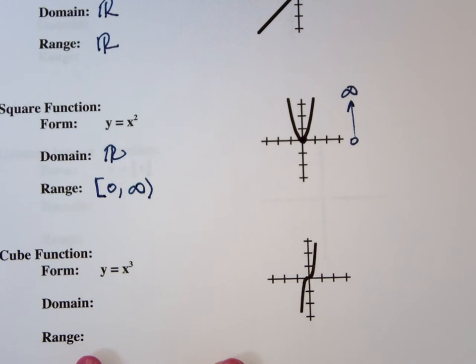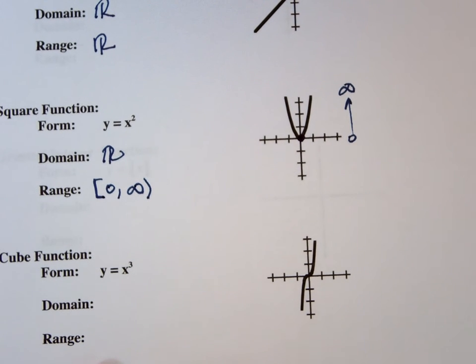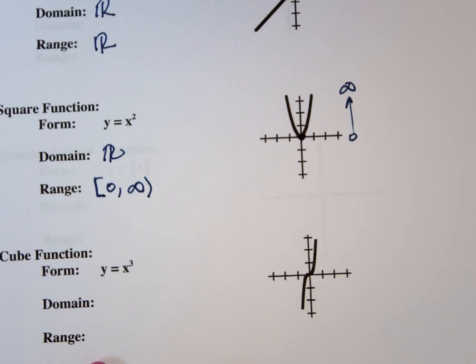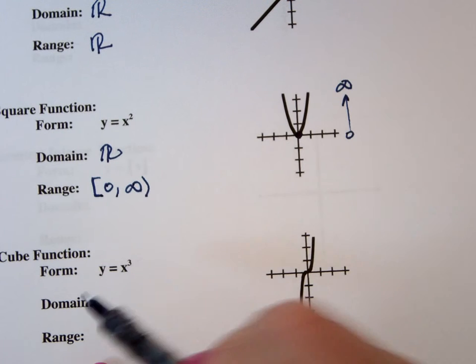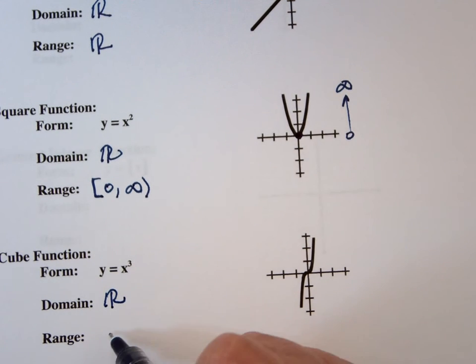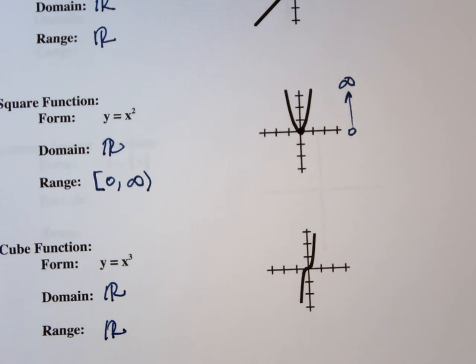Now we've just dealt with x cubed. Y equals x cubed. He's an S curve. Kind of S-like, or snaky. What's his domain? All real numbers. What's his range? All real numbers. Boring.